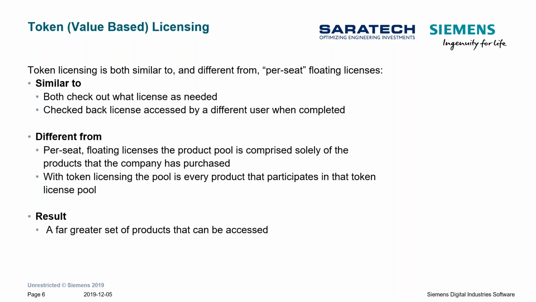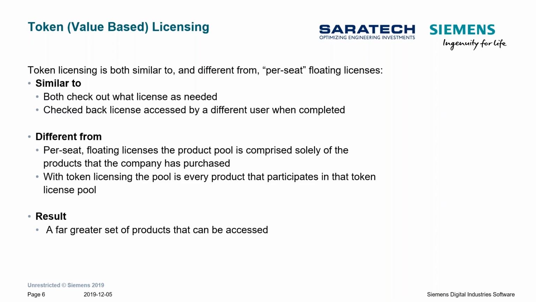The reason it's different from those licenses is you're not explicitly selecting up front when you first make a purchase that I want to use routing, or I want to use human modeling, or I want to use mechatronics concept designer. They're just there. They're just available. And so you're not getting this situation where you're sitting there and saying, okay, well, I've got these products which I must have, and I've got this pool of products which would be nice to have, but they're not mission critical.